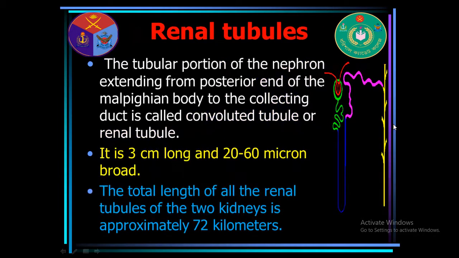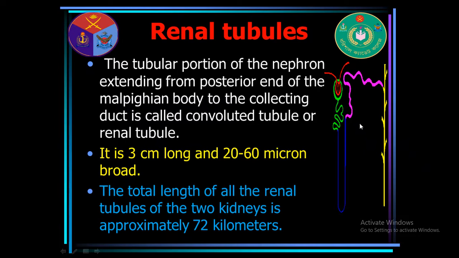The tubular portion of the nephron extending from the posterior end of the Malpighian body to the collecting duct is called the convoluted tubule or renal tubule. It is 3 centimeters long and 20 to 60 microns broad.